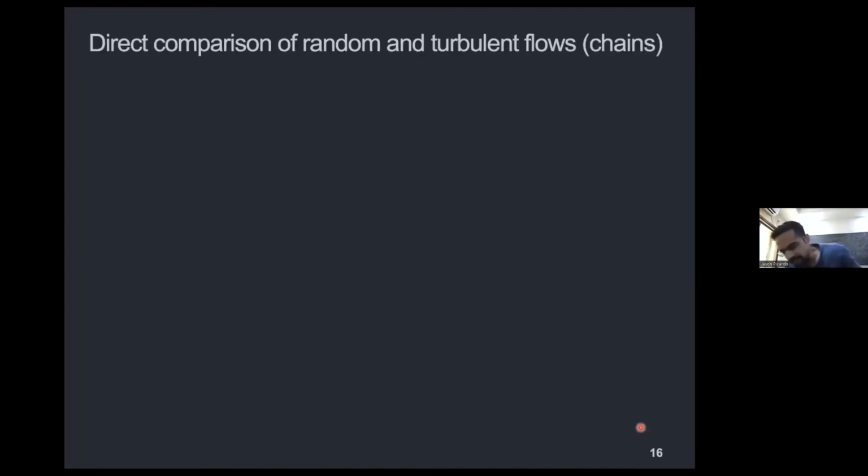Something we wanted to do recently was to do a direct comparison of the stretching in a DNS in box turbulence with the Kraichnan flow, to understand how good a tool the Kraichnan flow is if we want to get some quantitative details correct. So clearly, qualitatively, it works well.